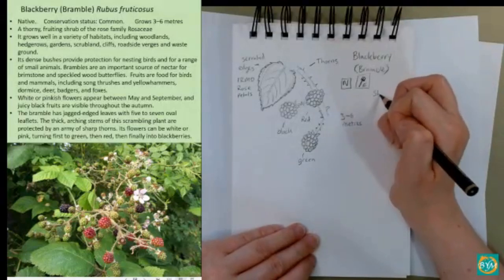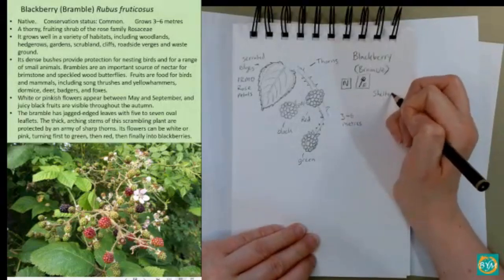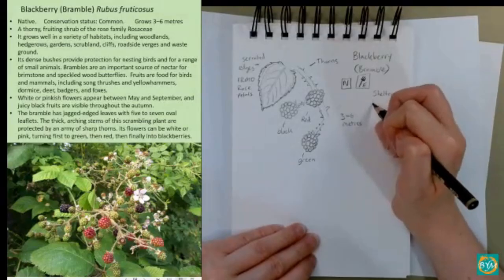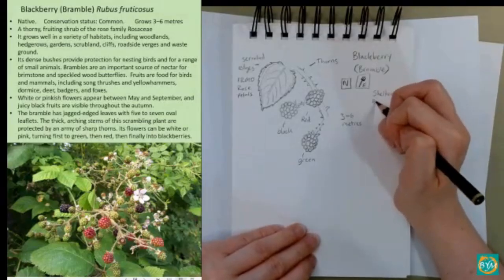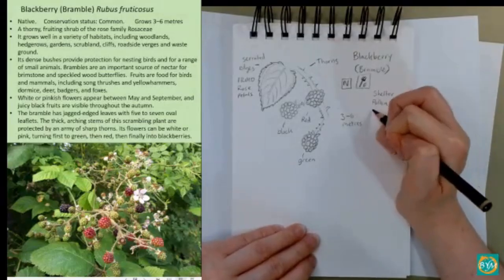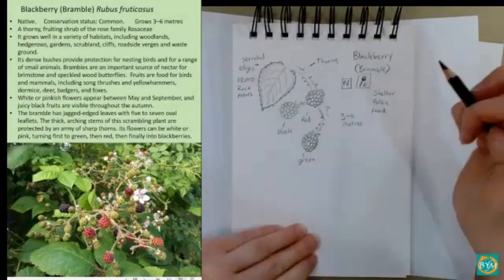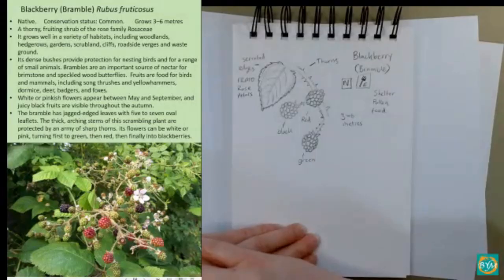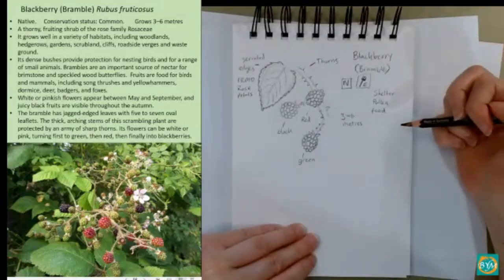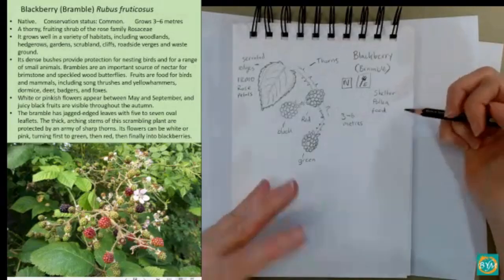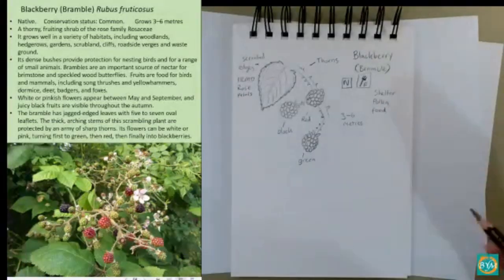I tried sometime to split it up into those categories of shelter, pollen, and food, and assign animals, but there's so many with the blackberry that pretty much everything wants to use a blackberry plant in some form.